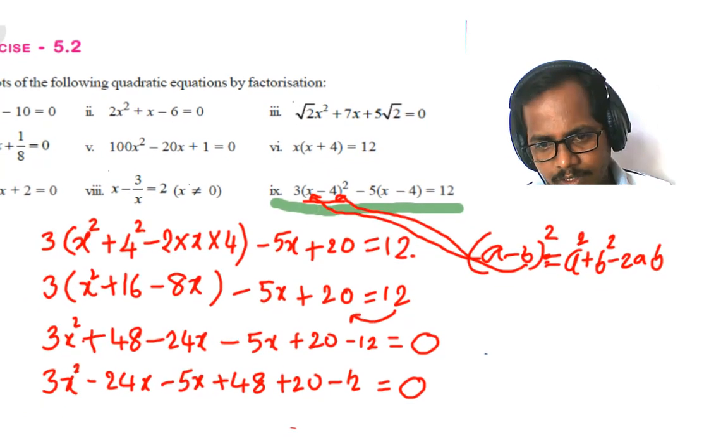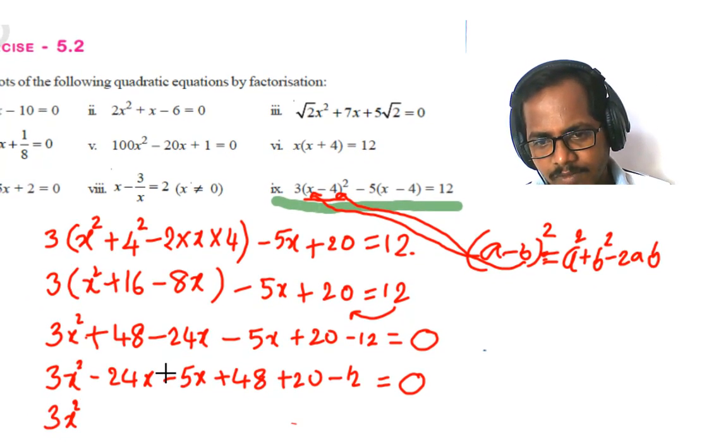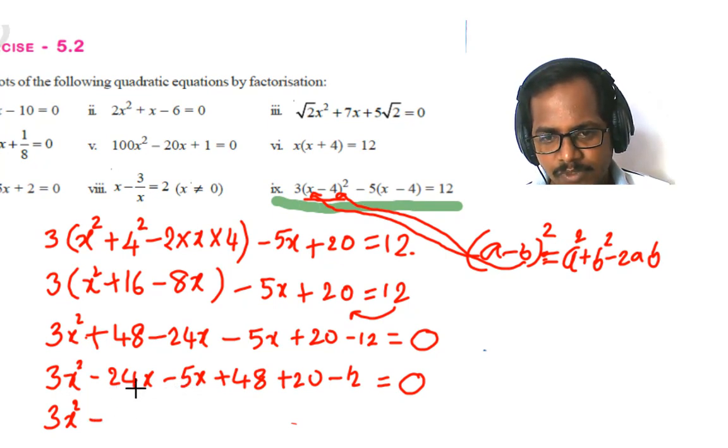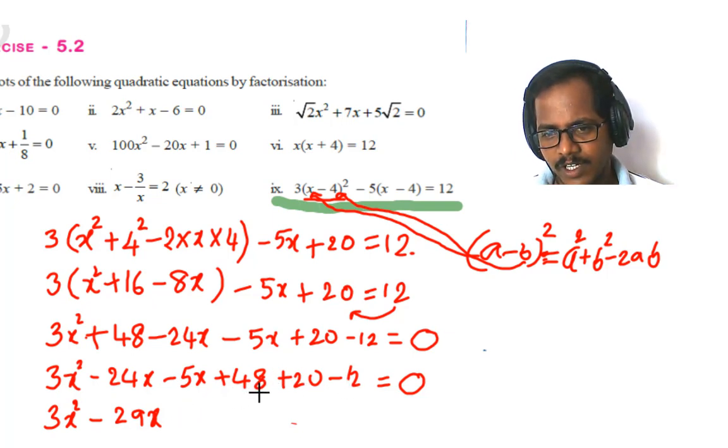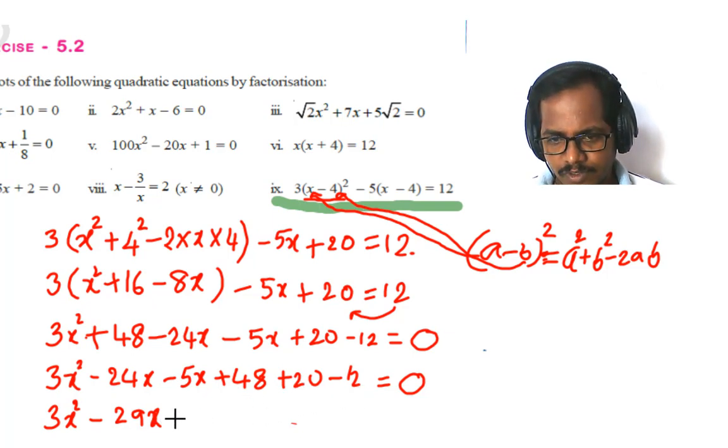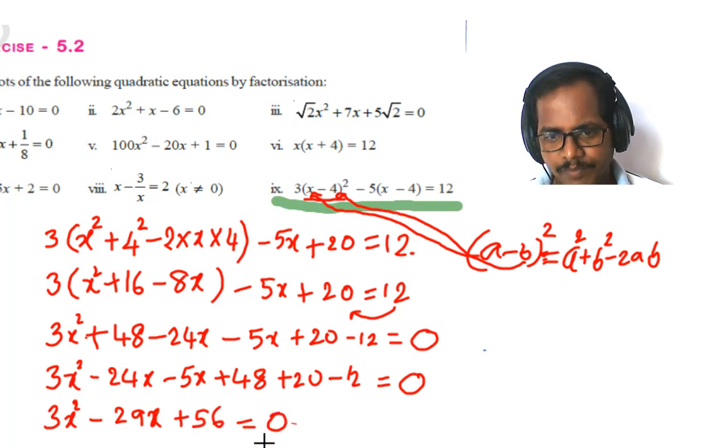So now 3x square, and here we have minus 24x minus 5x. These are like terms with the same signs, so we can add them. By adding 24x and 5x we get 29x. And next, here we have two positive terms, 48 and 20, so their sum is 68. 68 minus 12 equals 56, which equals 0.